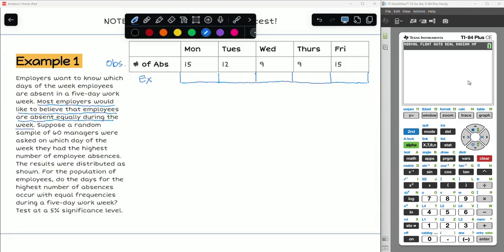So to figure that out, we're going to take our sample size of 60 and divide it by the number of categories, which is 5. I have 5 days of the week. And I happen to know that 60 divided by 5 is 12.